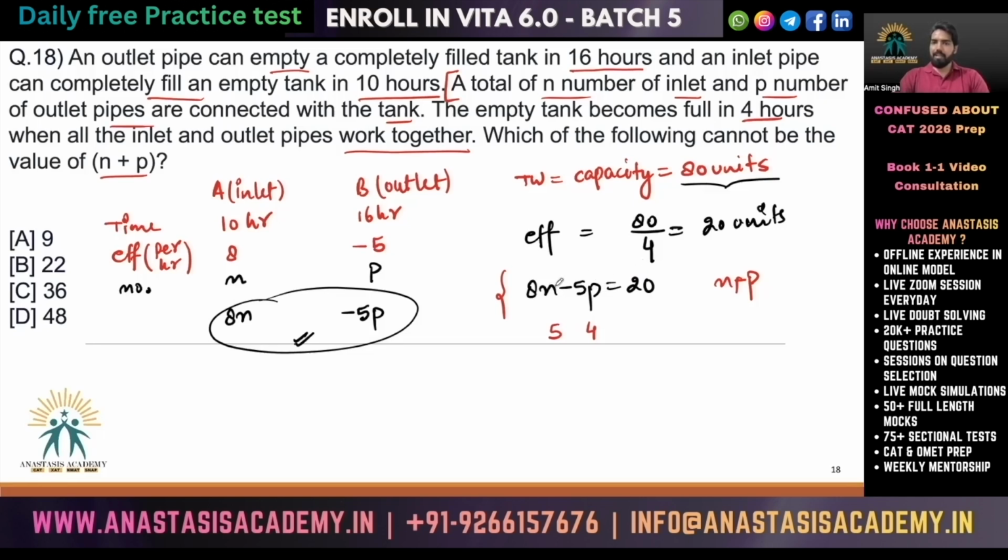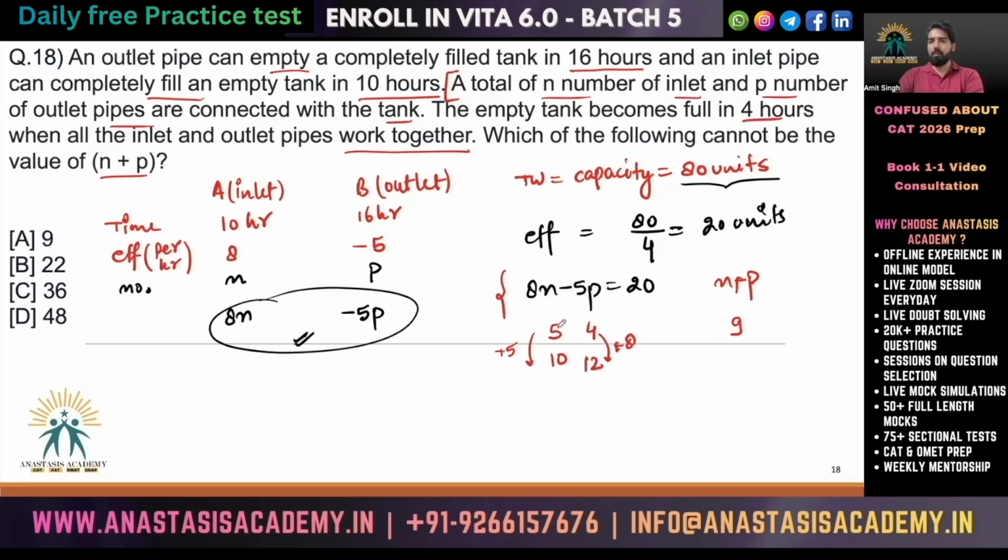If you divide it by 8, you get n equal to 5. So n plus p would be equal to 9, right? Now, the next integral solution will be at a difference of 5. If you add 5, you get n as 10, and the next solution will be at an increase of 8 from here. So it would be 12.